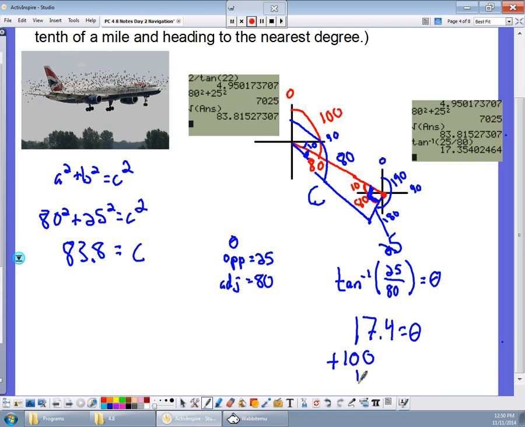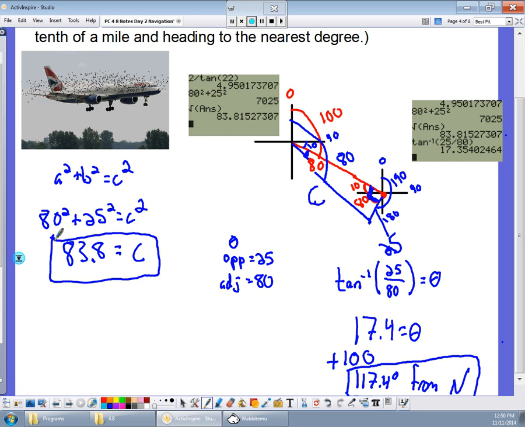So I add 100 and I get 117.4 degrees. I'll just write from north. So that is my heading, and this is the distance, 83.8 miles. Alright, so I know these problems are pretty involved, but after you do a couple of them, you should start to get the hang of it.